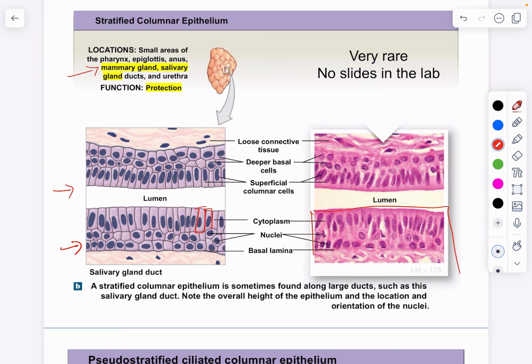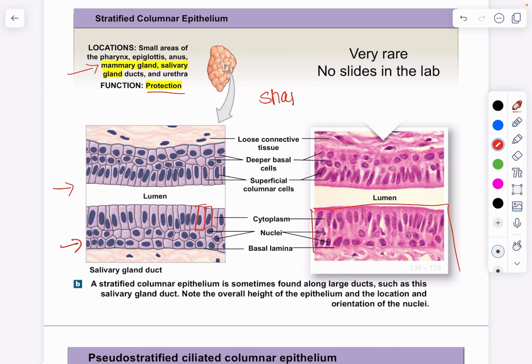Again, make sure you can name a location. And because these cells are so tall and there are many layers, the role that these cells play are involved in protection. Okay, so we went over 6 different types of epithelial cell tissues, okay? And they were based on their shape and their layers, right?